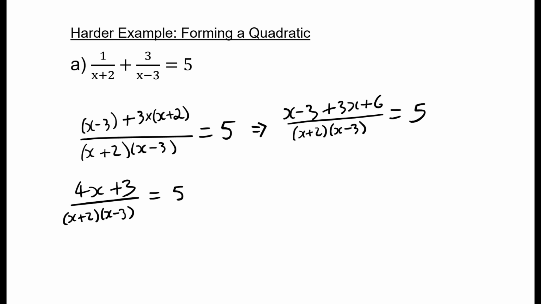We can now multiply both sides by x plus 2 x minus 3. So we end up with 4x plus 3 equals, because we've multiplied both sides by the denominator to cancel it out, 5 times x plus 2 x minus 3.